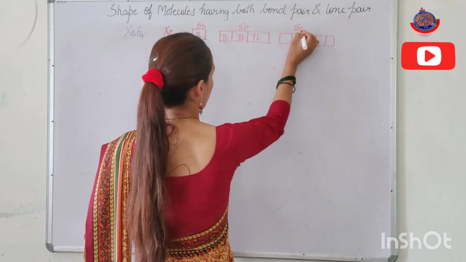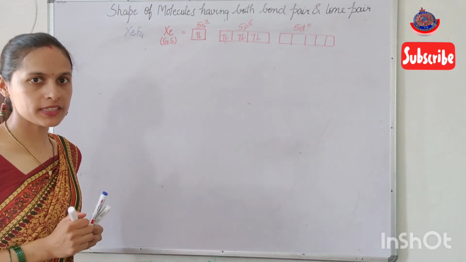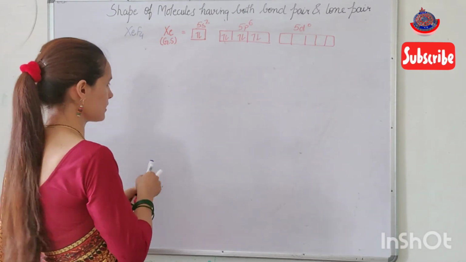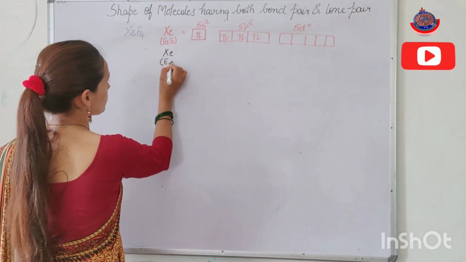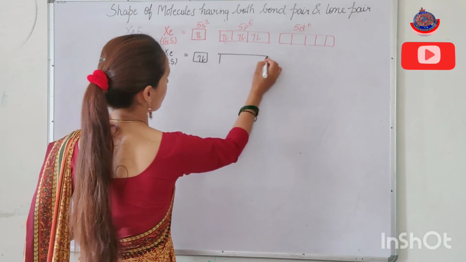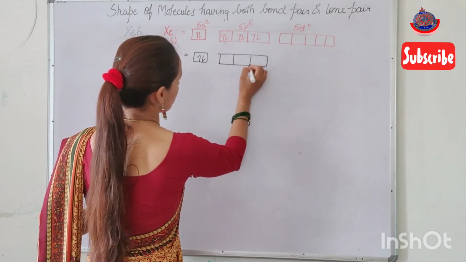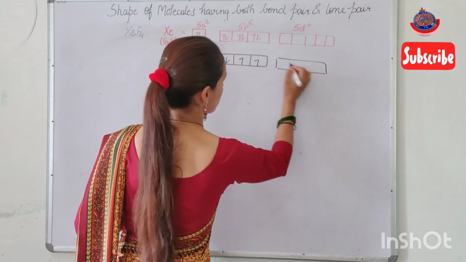Now I want 4 half-filled orbitals. So in the excited state, 2 of the electrons from p will jump to d.